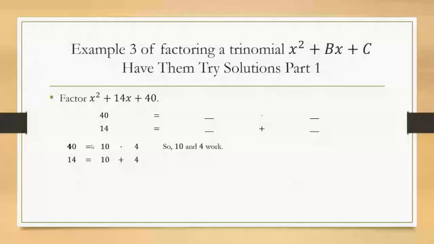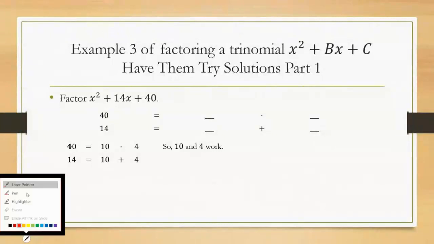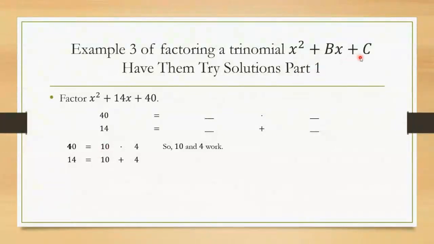We want two numbers whose product is the constant term and whose sum is the coefficient of x. That capital B. So here we want two numbers whose product is 40 and whose sum is 14.